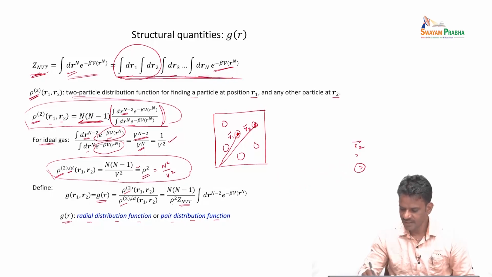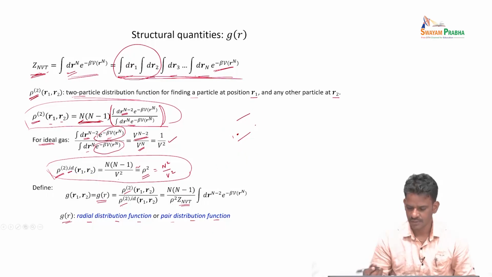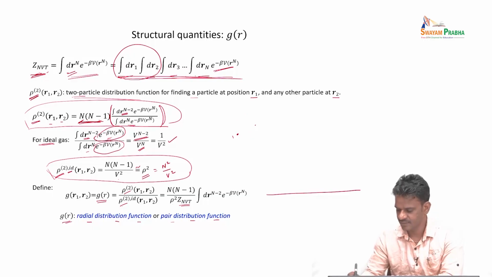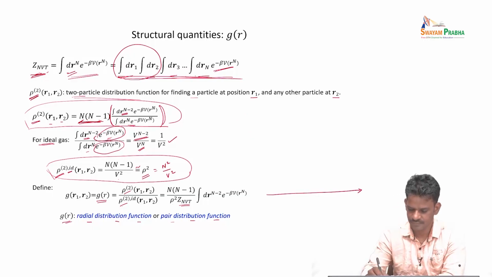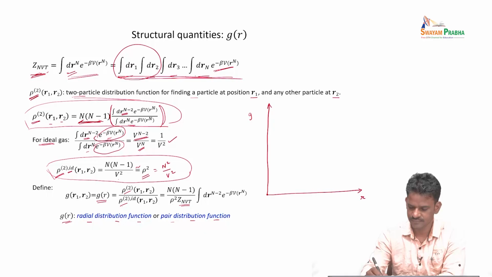You can already see what is the bounding limit of g of r based on this particular definition. Okay. So, let us say we choose different r values, and this is your g of r.